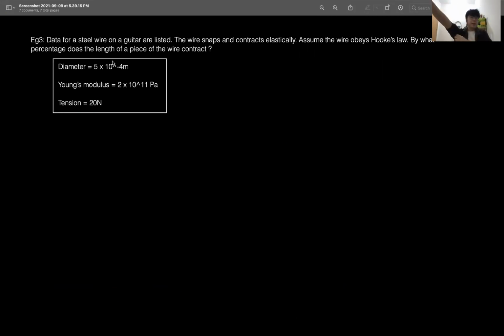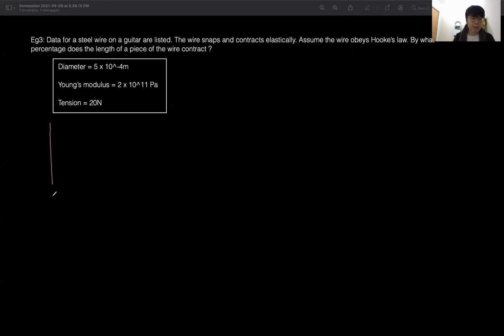Data for steel wire on a guitar are listed. The wire snaps and contracts elastically. Assuming the wire obeys Hooke's law, by what percentage does the length of a piece of the wire contract?